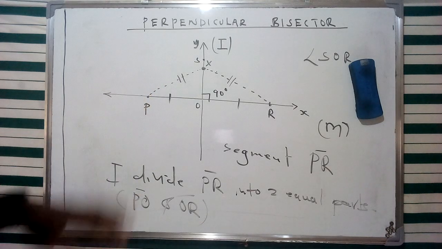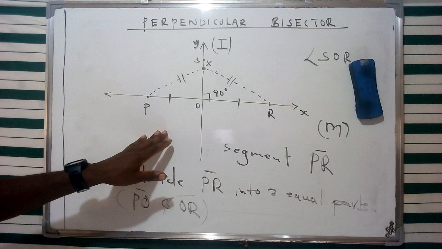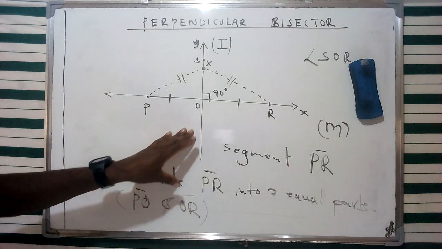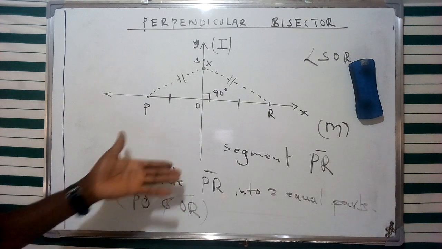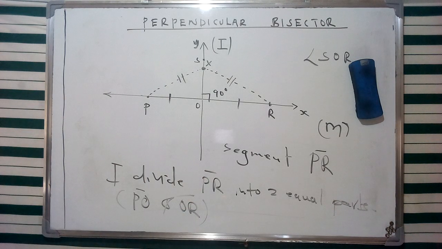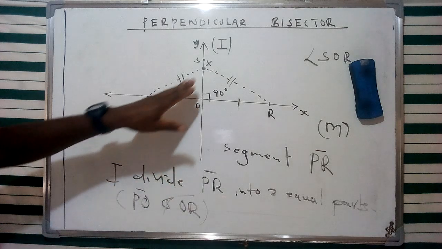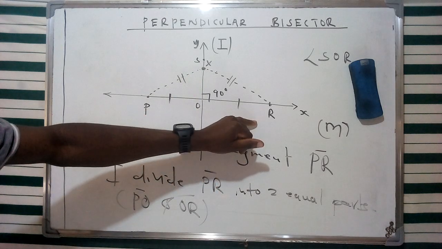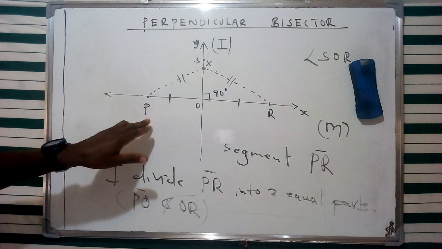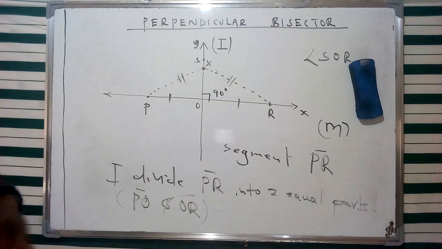So in summary, a perpendicular bisector is a line that is going to divide the segment into equal parts. And there is going to be a point X on this specific perpendicular bisector that is going to be equidistant from these endpoints. And of course, the distance between the segments PO and OR are going to be equal.